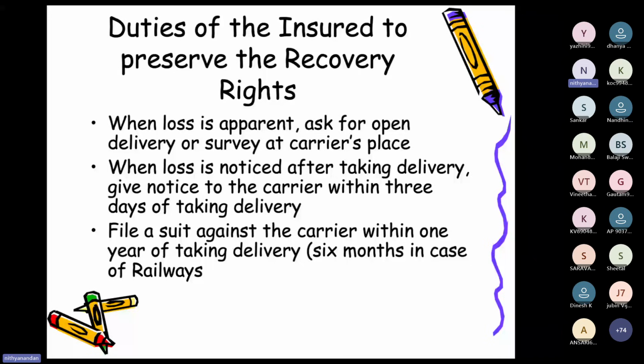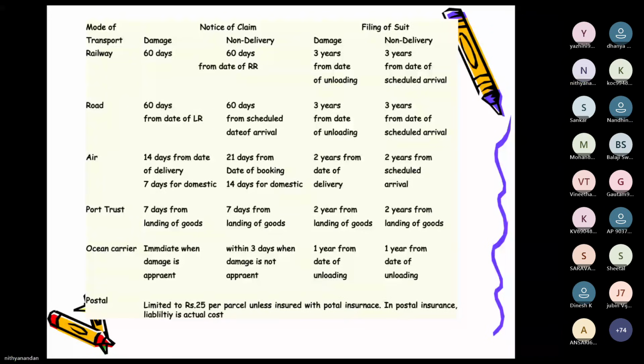So these are the time limits given for filing suit against the carriers, which is different for different types of carriers: railways, road, air, port trust, ocean, and postal. And again, the number of days is different for filing a suit for damage and different for non-delivery.